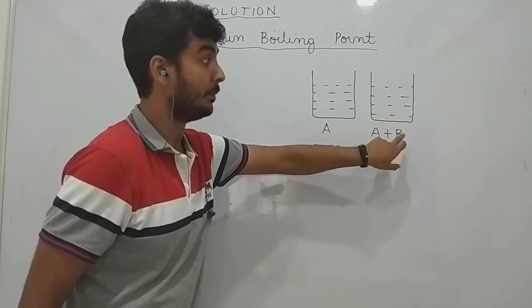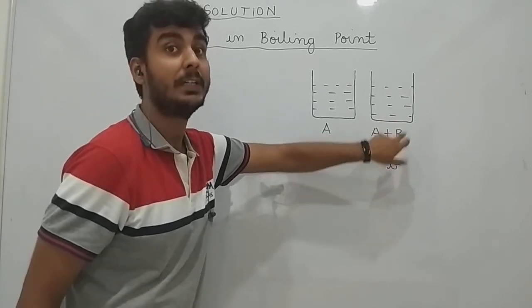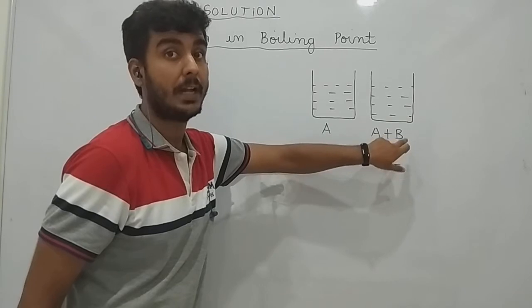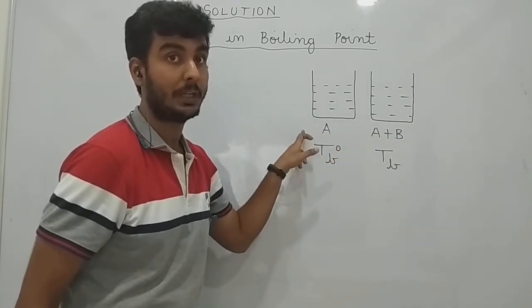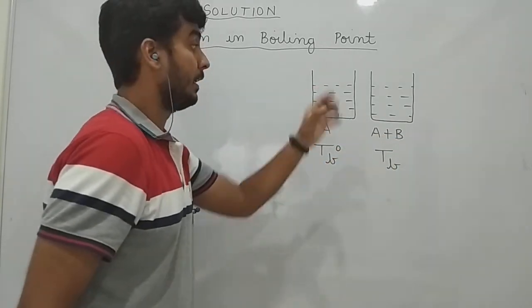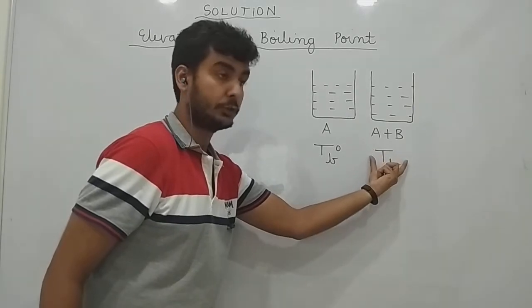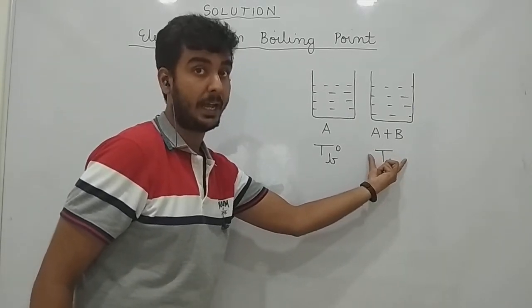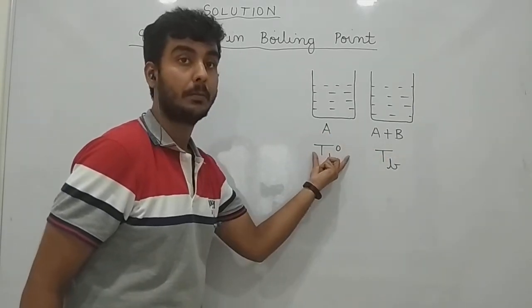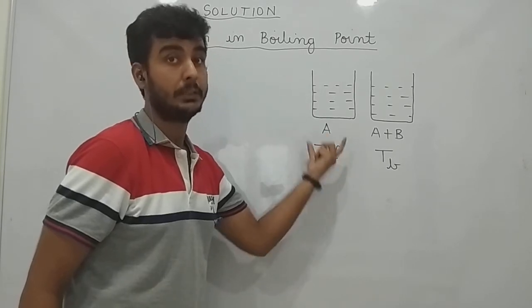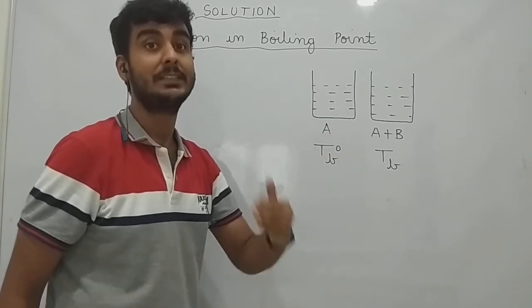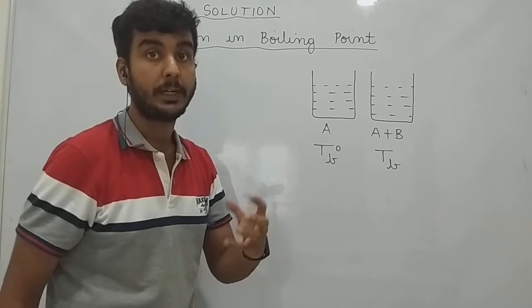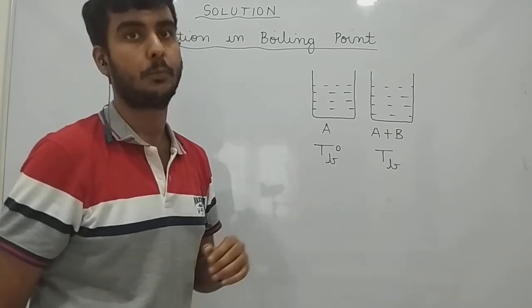Why is it so? Because the vapor pressure of solution is less as compared to solvent. So it is seen that the boiling point of the solution is higher as compared to the boiling point of the pure solvent. So this is known as elevation in boiling point or increase in boiling point.